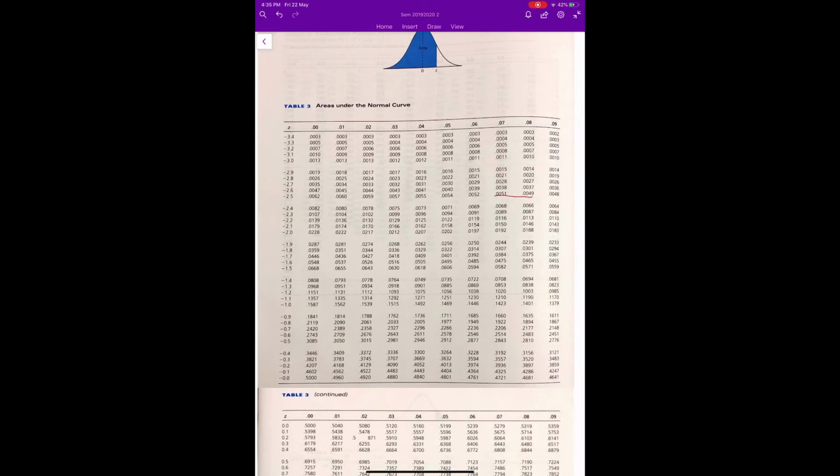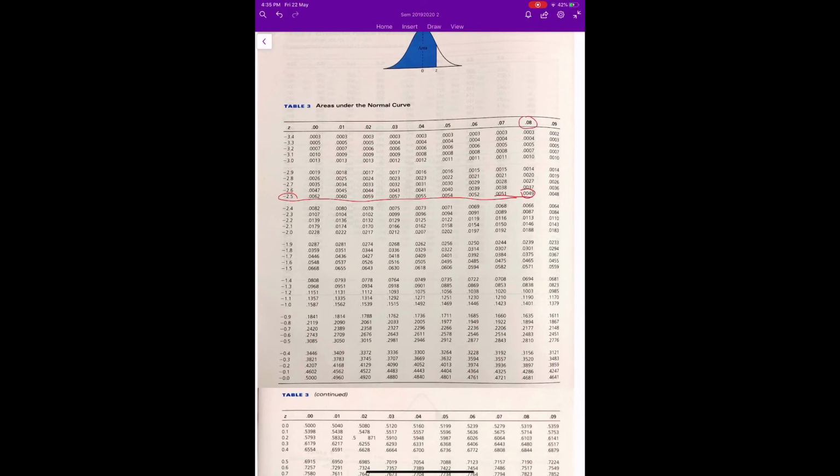So these are the two values. If we round them off, it will become 0.005. But let's take this one, 0.0049, which is closest to 0.005. So it will make it minus 2.58. Okay, this is the value that we have found from the table.